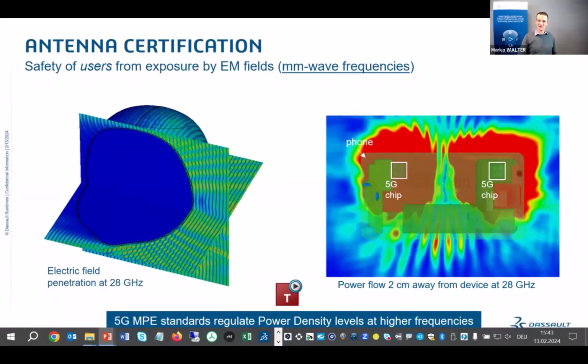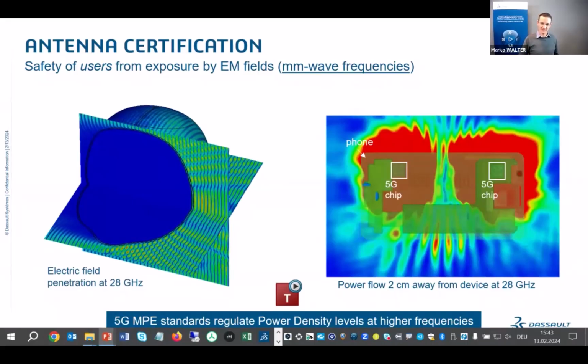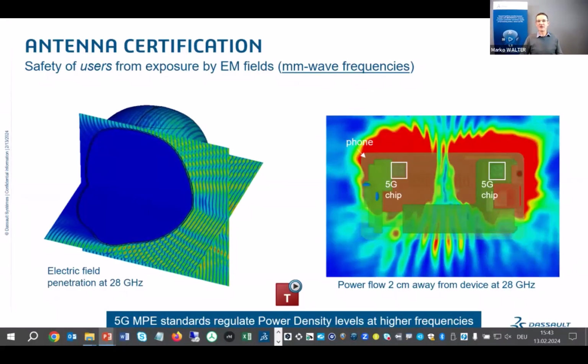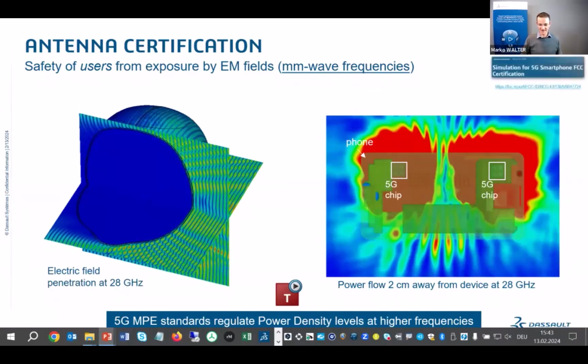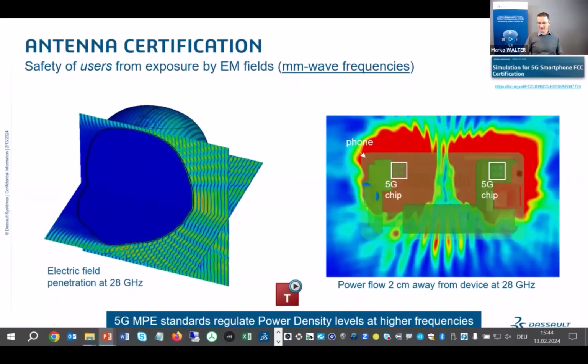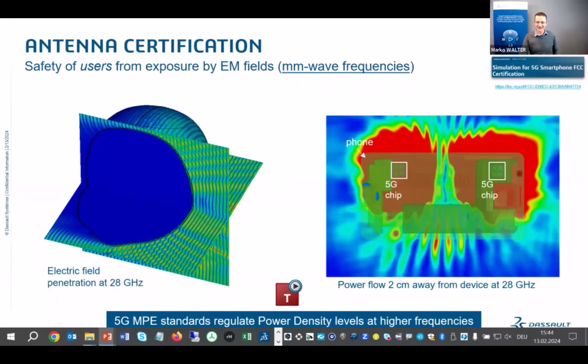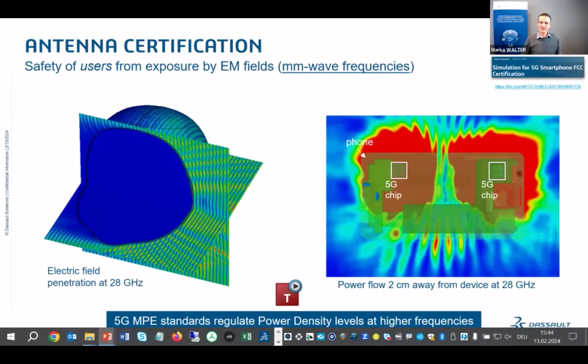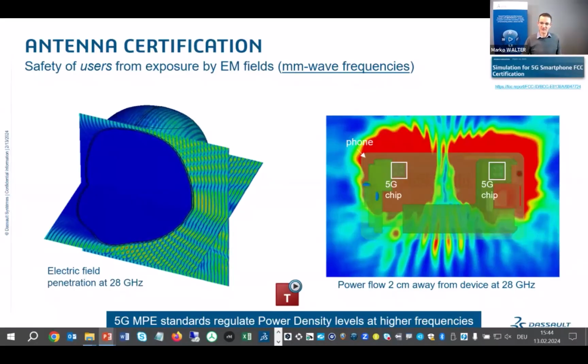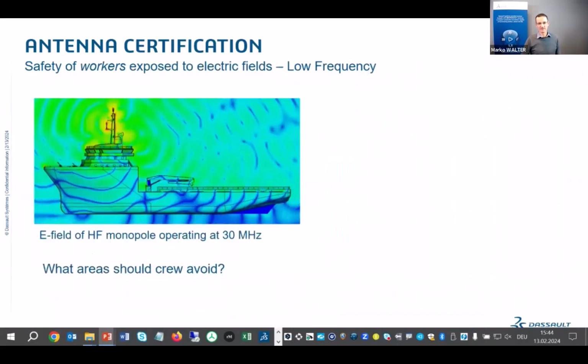So our simulation technology is always up to date as far as evaluating these quantities is concerned. Right. And if you want more information, this is a very interesting topic. There are some webinars and some other presentations that you can watch on our website. We can post the links afterwards.